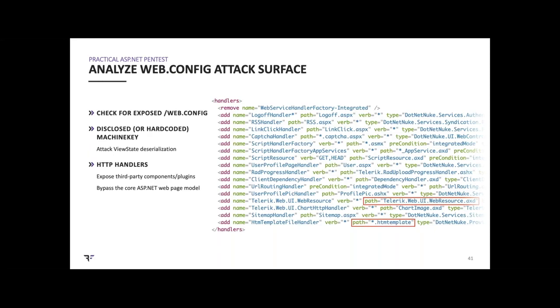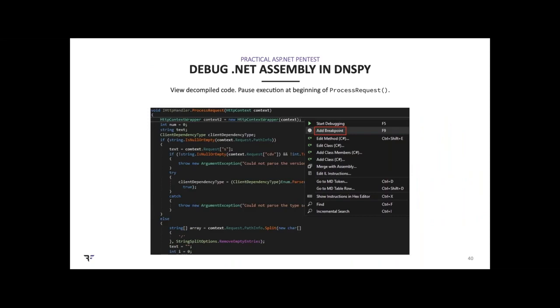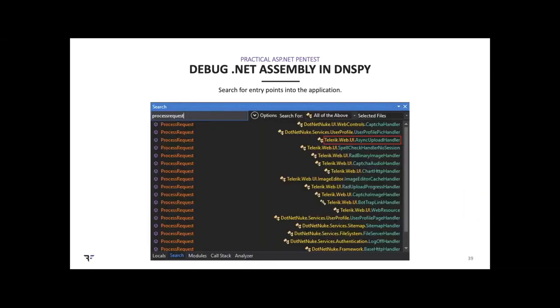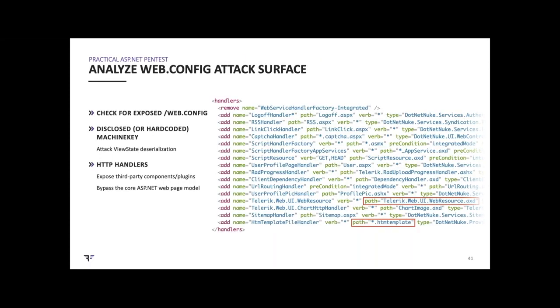The web.config also contains a few HTTP handlers that I've showed you here on the right-hand side. And these handlers map directly to the ProcessRequest functions I showed you a moment ago. You can see there's a ProcessRequest function for the async upload handler where our vulnerable code resides. And you can see the same thing highlighted down here. This Telerik.Web.UI.WebResource path is mapped to an assembly that contains that ProcessRequest function.